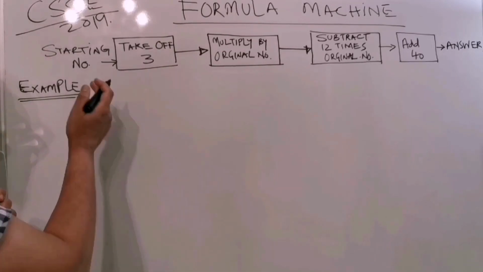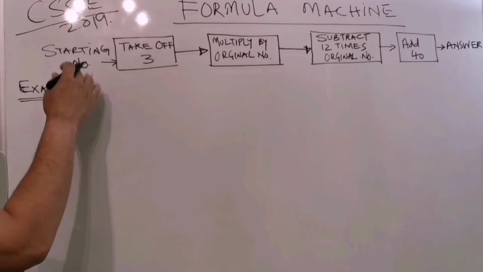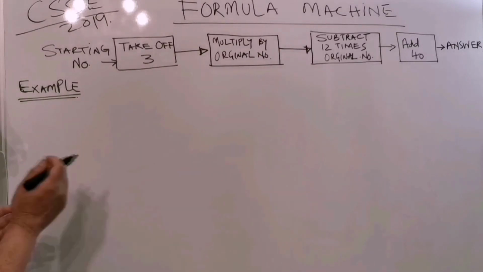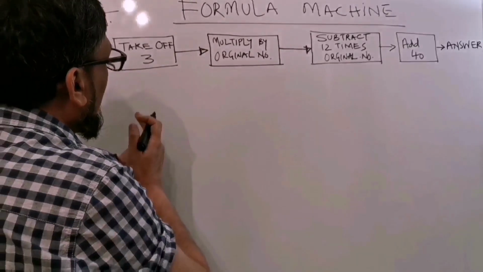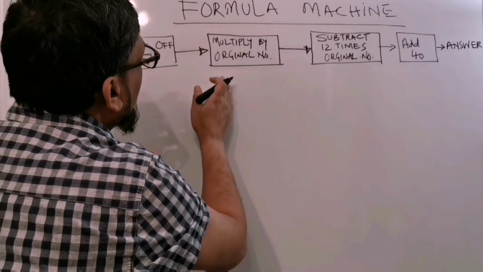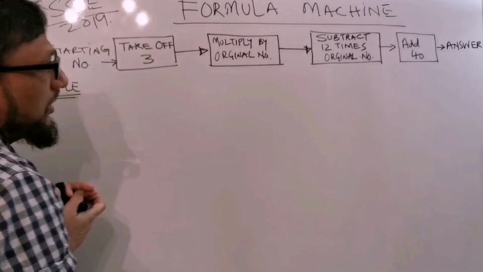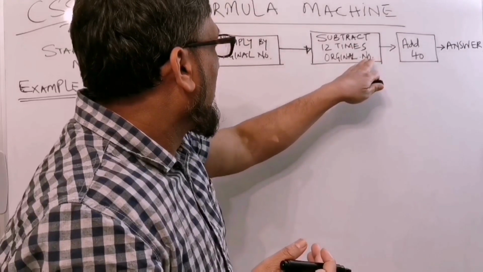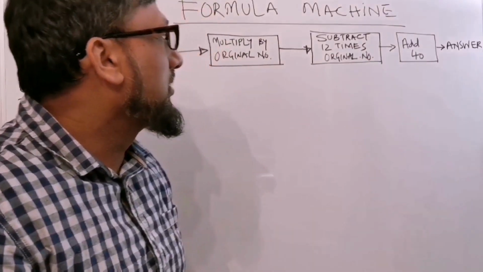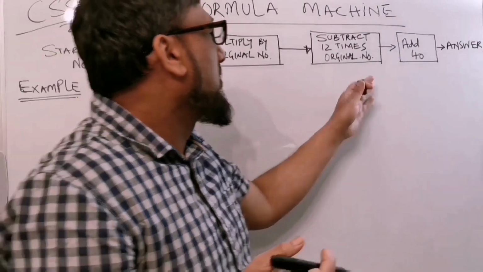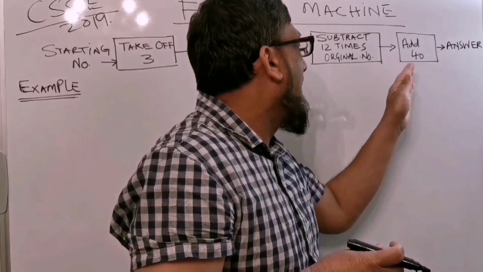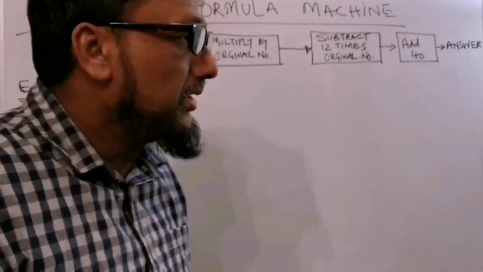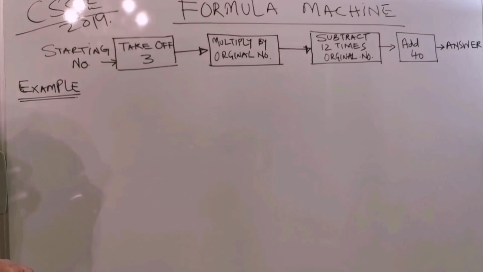It says the starting number, any number, then take off 3, and whatever the machine processes, you need to multiply by the original number, then subtract 12 times the original number, and finally whatever answer you get, you simply add 40 to get the final answer. Let me take an example.